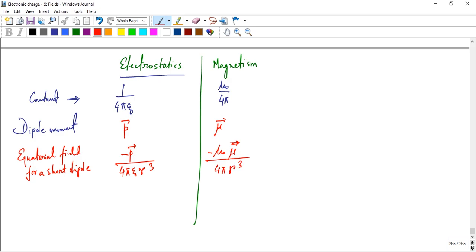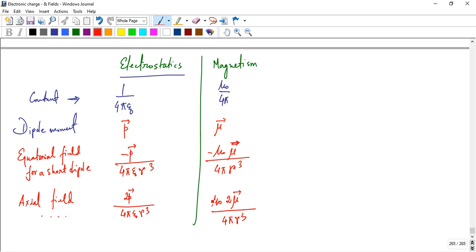The axial field. If there is an equatorial field, then obviously there is an axial field. On a short dipole, that is 2p by 4 pi epsilon naught r cube, and here for magnetism we get mu 0 twice mu by 4 pi r cube.